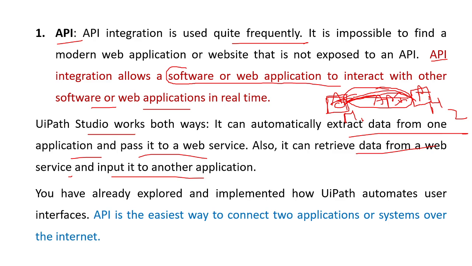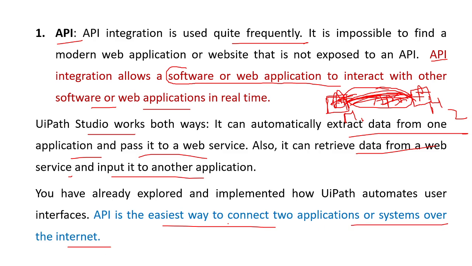That's what I said. Make it simple. The bottom line is API allows applications to communicate with each other, it seems. Clear? But remember, this also uses a network component. Clear? Okay. So the bottom line is that it is the easiest way to connect two applications or systems over the internet, it seems.